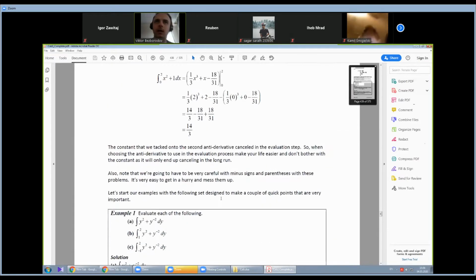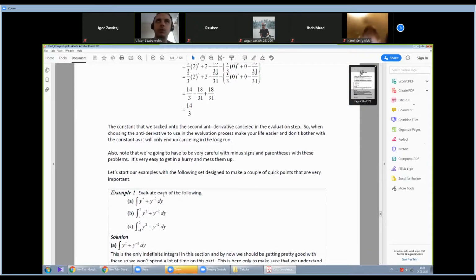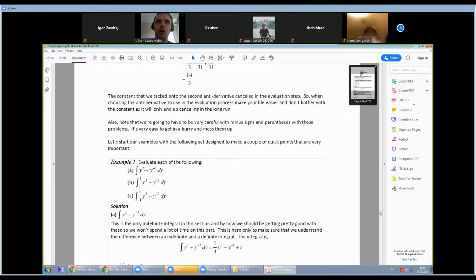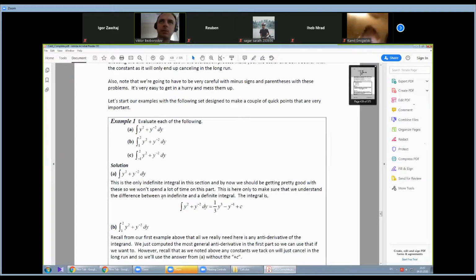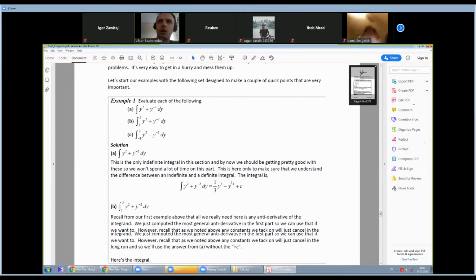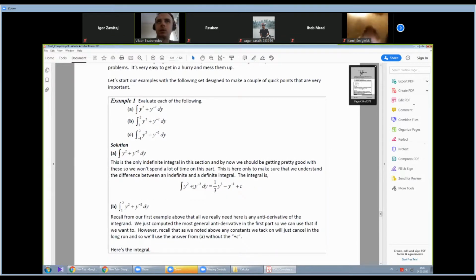All right, and so using this you can compute the integrals. So let us consider examples. Okay, first an indefinite integral, we remember how to do it, right?